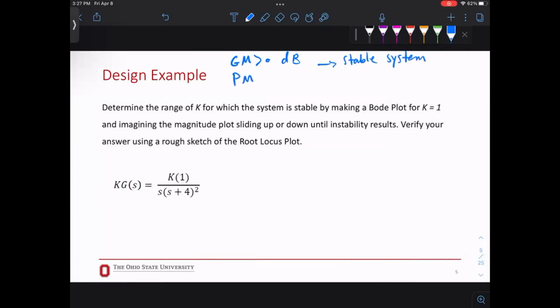If your PM is greater than 0 degrees, it's a positive value, so you have some margin, stable. If you have PM 0 and GM 0, this is marginally stable.